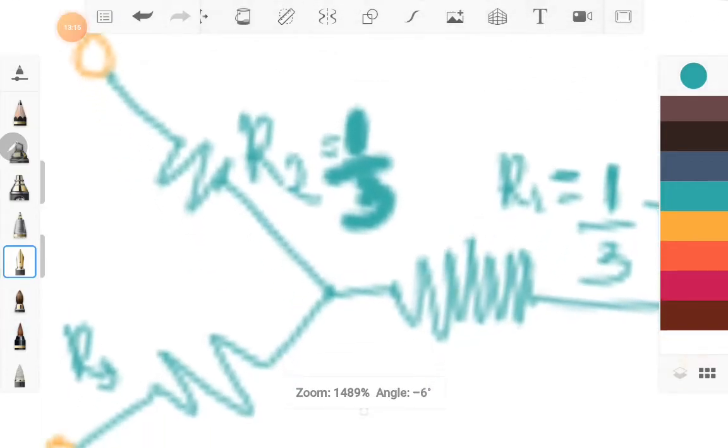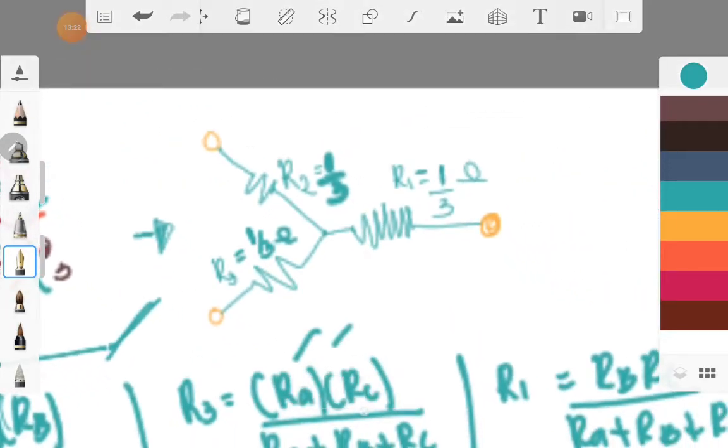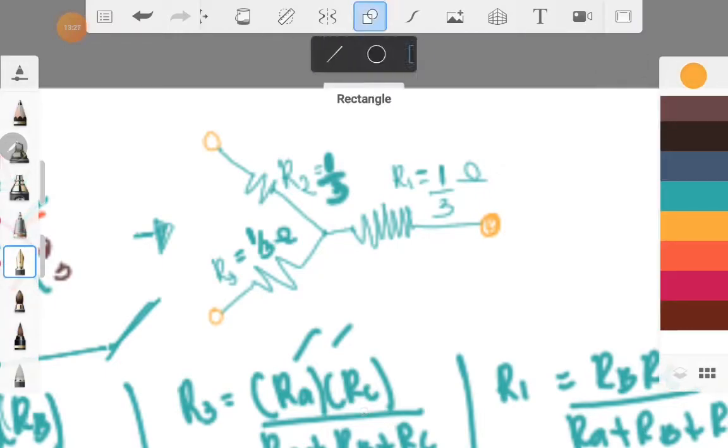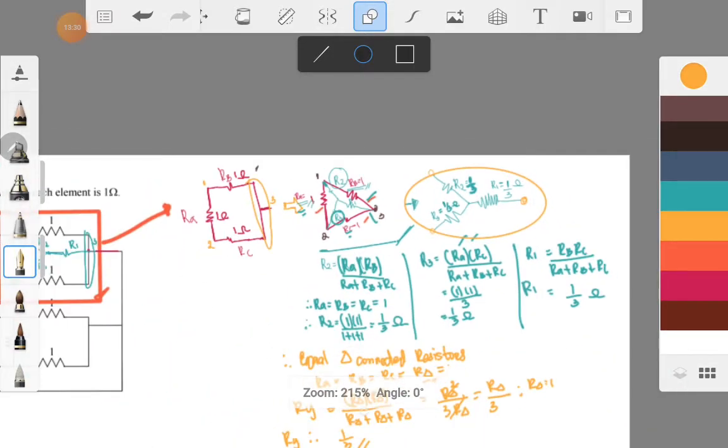And then your R3 is also equal to 1/3 ohm. So upon knowing this connection, so we already know that connection.